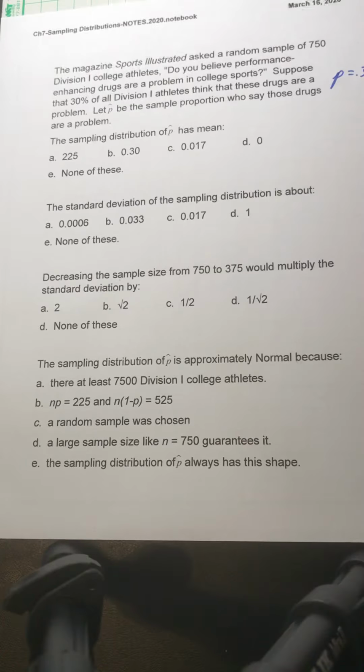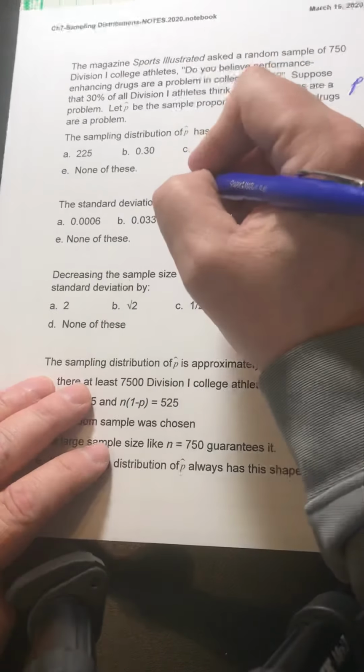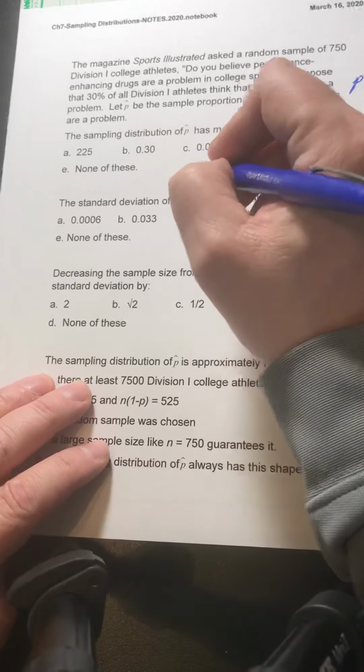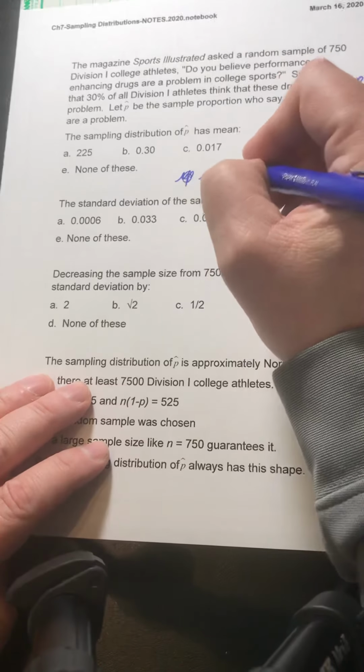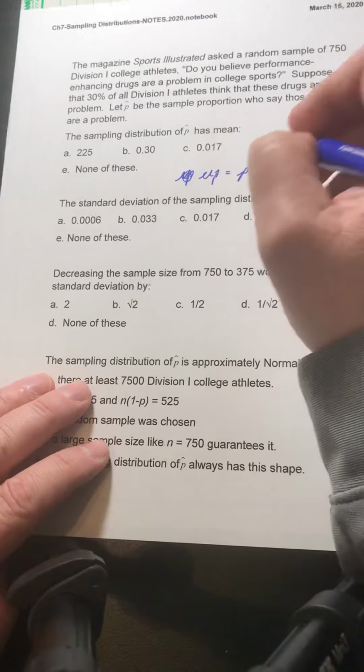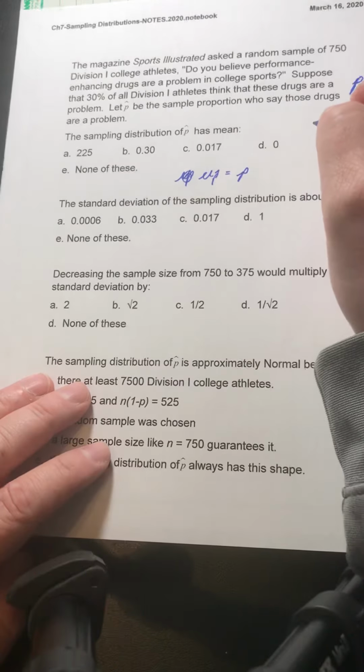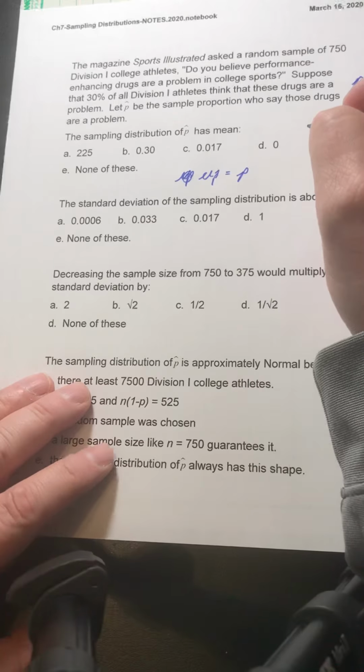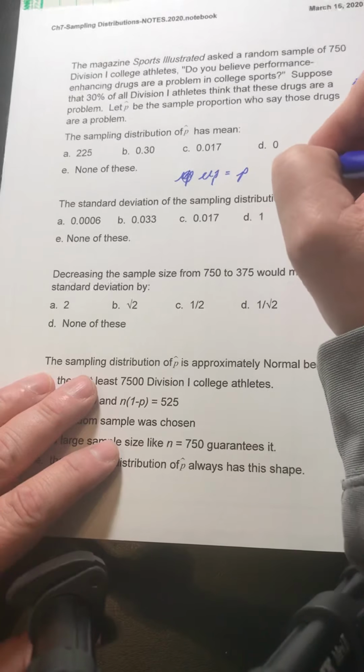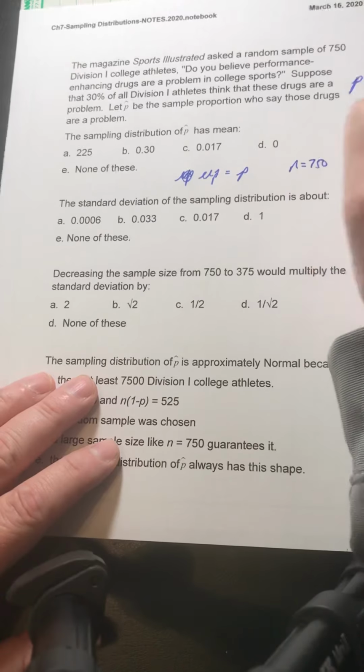So p hat is the sample proportion of those who say drugs are a problem. So our first question, the sampling distribution of p hat has a mean equal to what? The mean of p hat is equal to p if the 10% condition is met. So we have to ask ourselves, is the 10% condition met? Well, n equals 750.